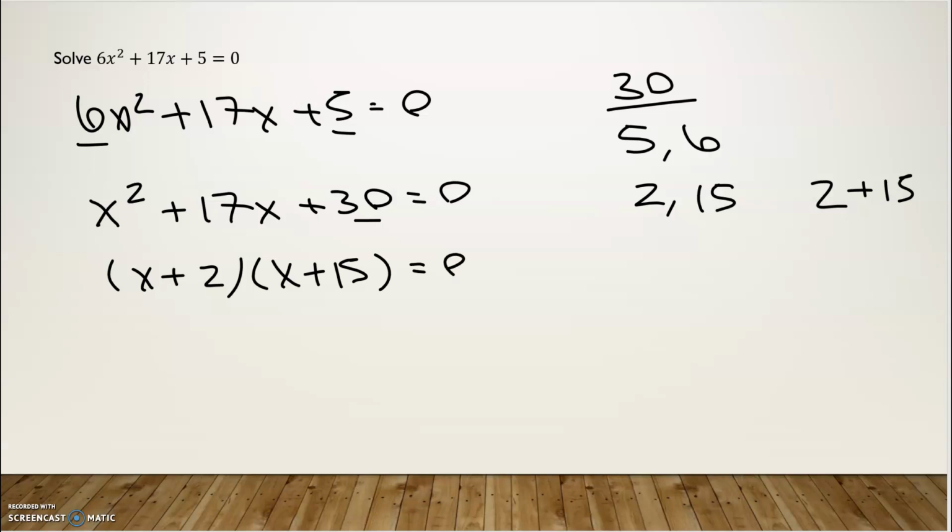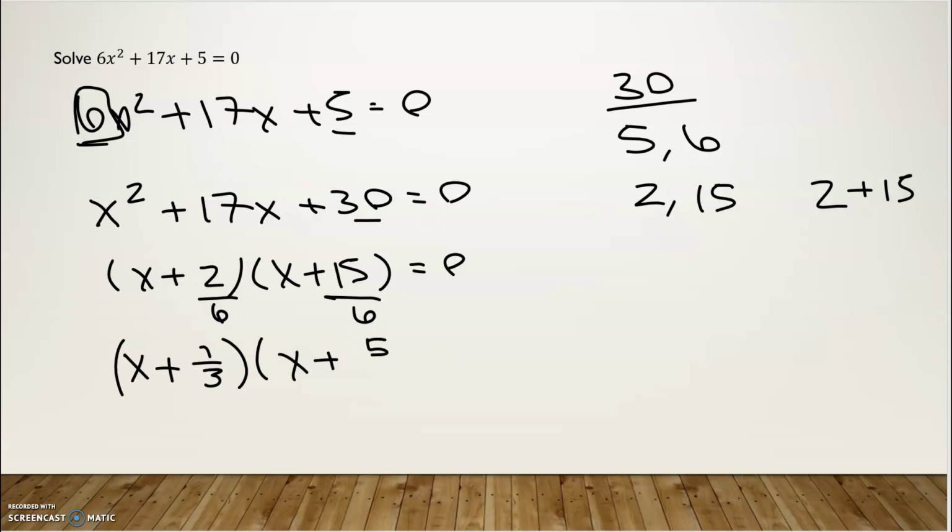And then I'm going to divide this term and this term by the leading coefficient up here of 6. So I will have x plus, and I'm going to take a 2 out of both of those, and that'll be 1/3. And x plus, if I can take a 3 out of both of those, so that would be 5/2 is equal to 0.